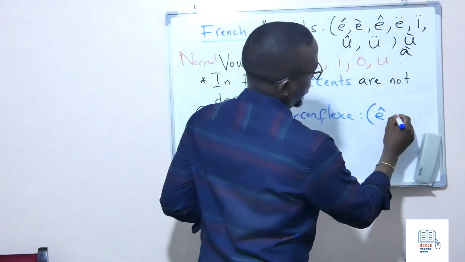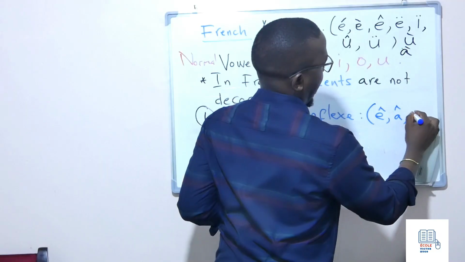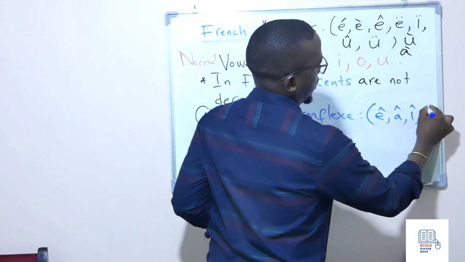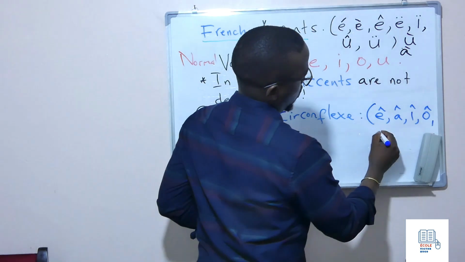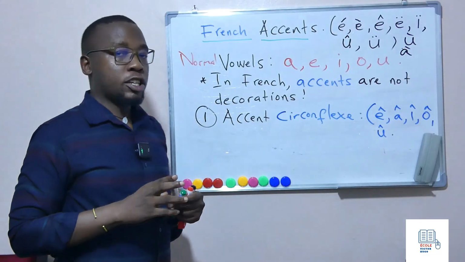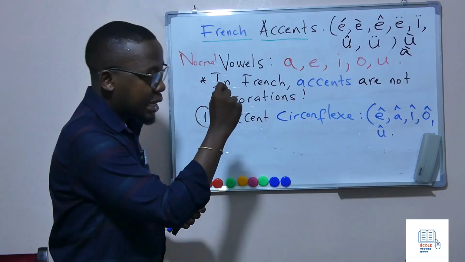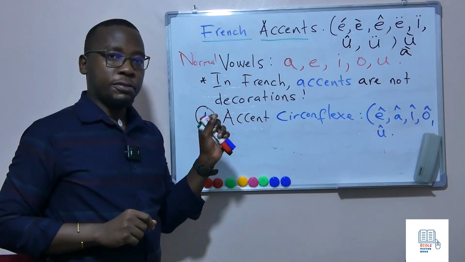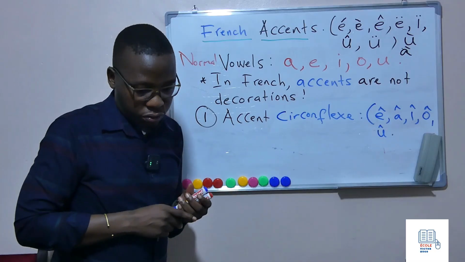We have E, we have A, we have I, we have O, and then we also have U. So it is accent circonflexe. Now, accent circonflexe has that little thing. It looks like a little heart. But it also has its significance, as we are going to see.